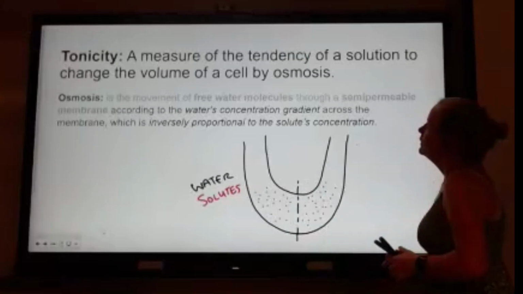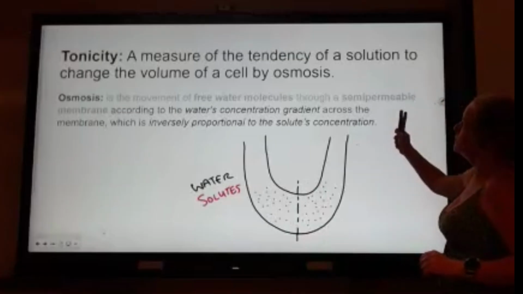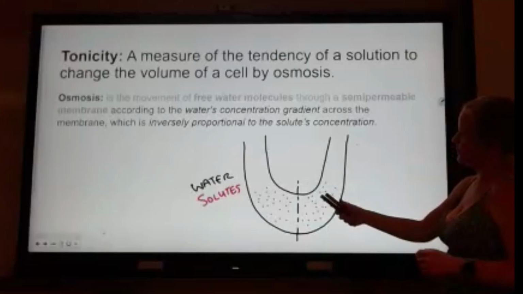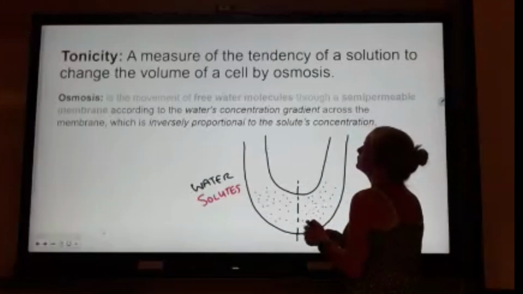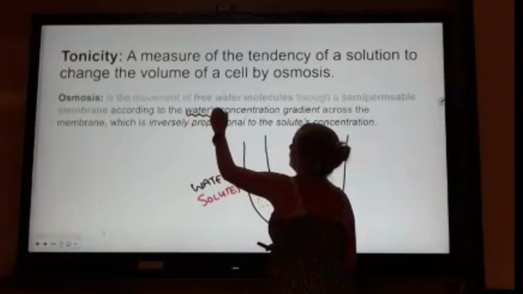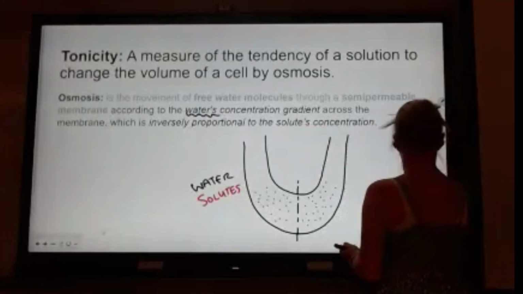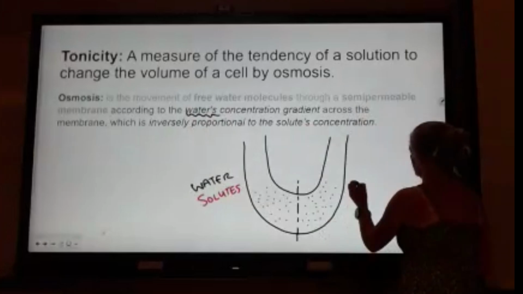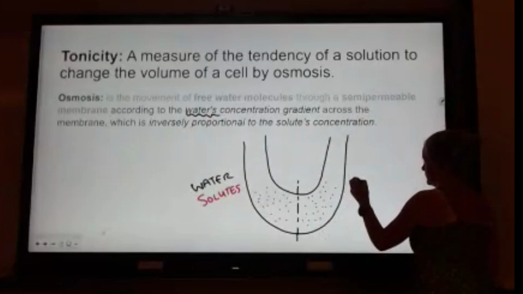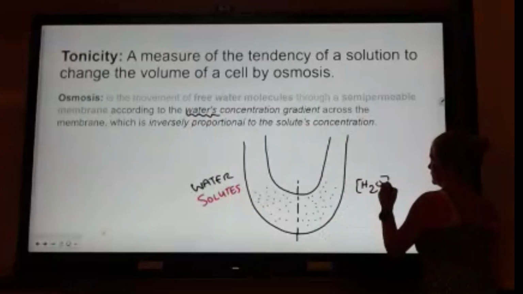So the water is going to move through the semi-permeable membrane according to the concentration gradient of the water itself. On my right side, I have a high concentration of water. Remember these square brackets mean concentration.